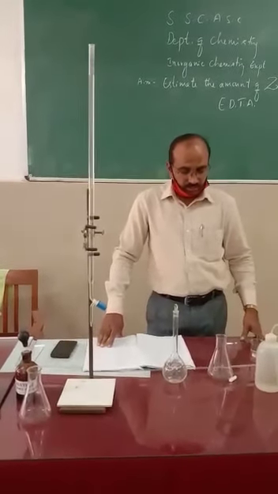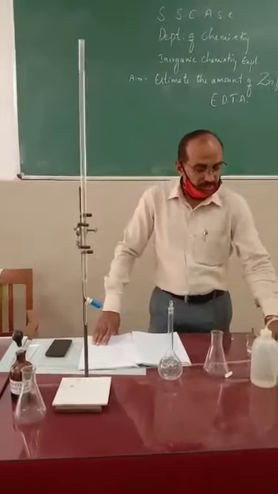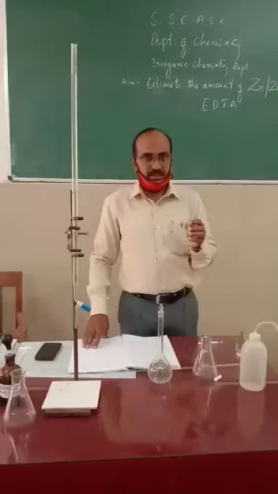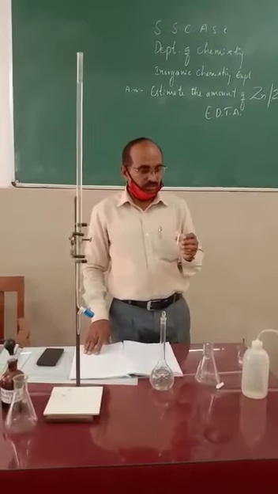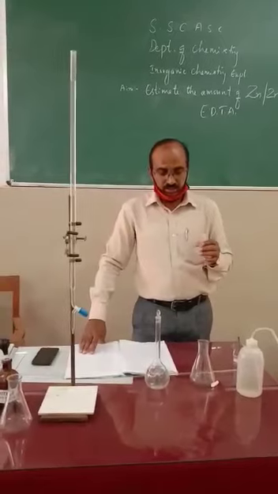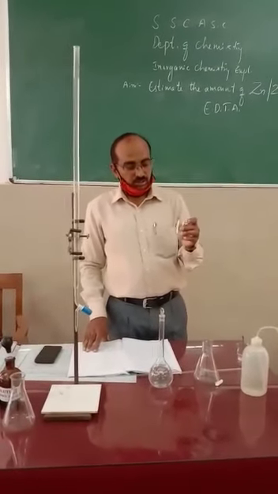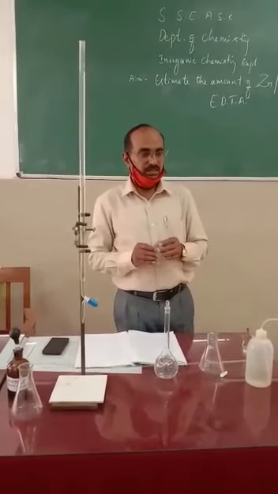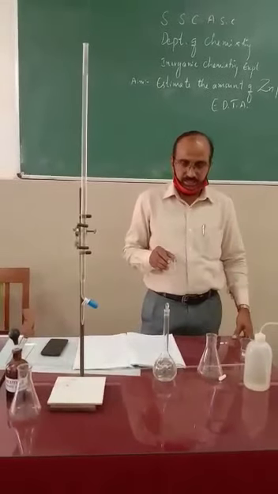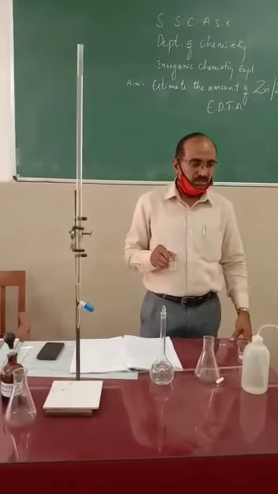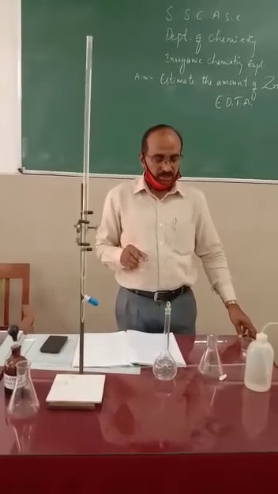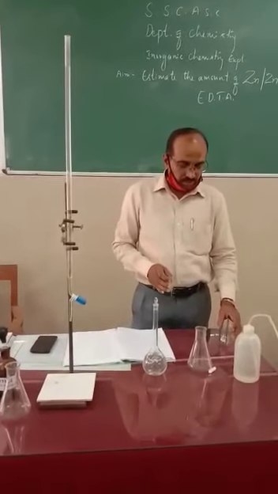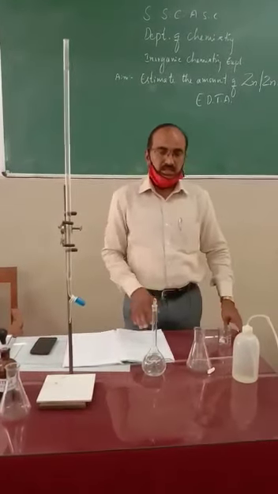For that, we weighed about 3.6 grams of zinc sulfate crystals in a weighing bottle, and all of you are well known how to prepare the standard solution. In this weighing bottle, about 3.6 grams of zinc sulfate is taken and weighed in a digital balance to record the weight, and this is carefully transferred into the beaker, and the empty weight of the weighing bottle is also recorded.